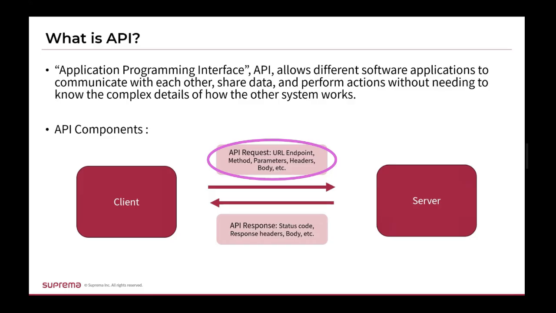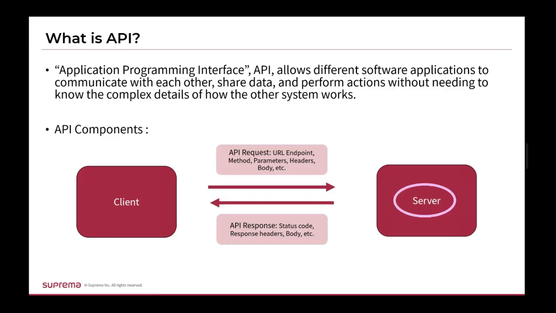It typically includes the URL endpoint, which is the access point to a resource, HTTP method that defines the operation to be performed, parameters which are data sent with the request to provide specific instructions, headers which are metadata about the request, and body which is the actual data sent to the server.